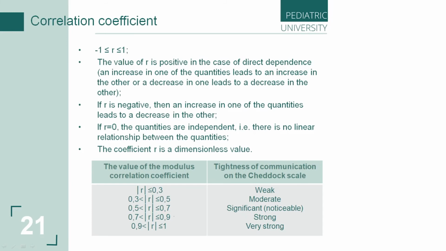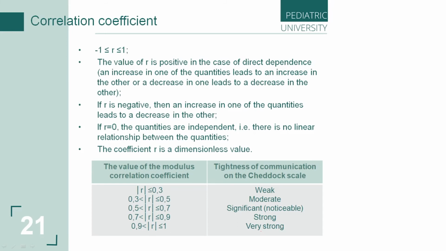More than 0.7 but less than 0.9, it's strong connection. And last, when the absolute value is more than 0.9 but less than 1, the connection will be very strong.